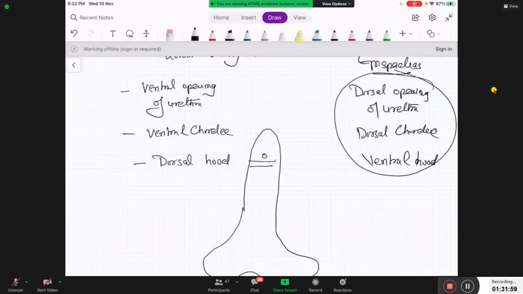Now, when corpora cavernosa and spongiosa kept growing, they form a cap-like thing over the urethra. This cap-like structure in hypospadias is on the dorsal side because the urethra is on the ventral side. So there are two ventral things in hypospadias, one dorsal thing. In epispadias, two dorsal things and one ventral. This is something we have to understand.